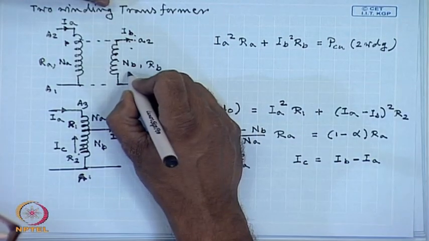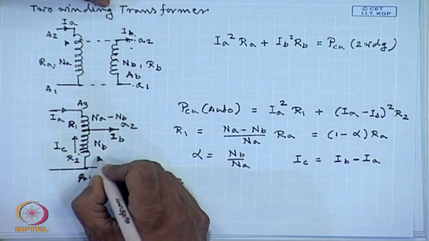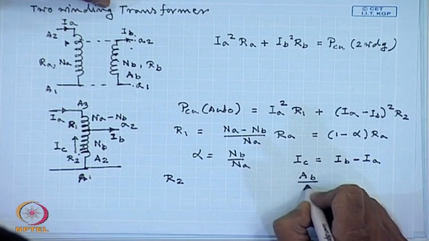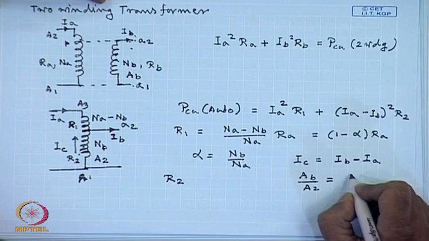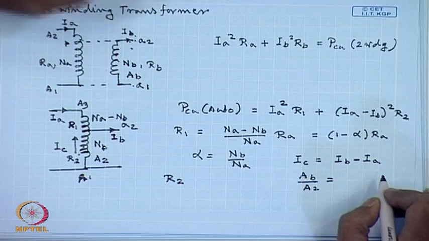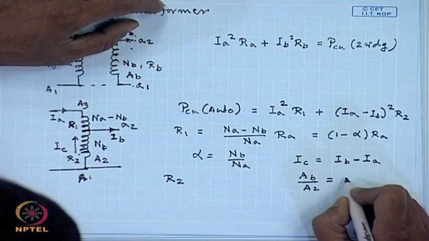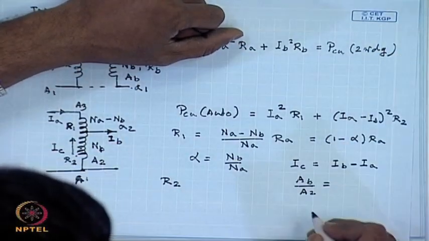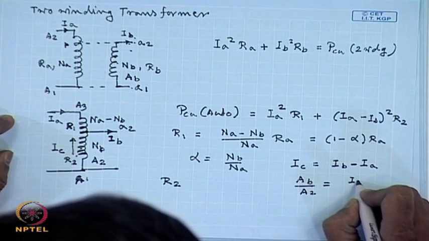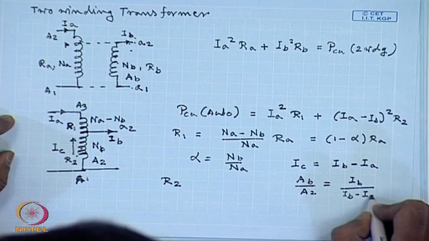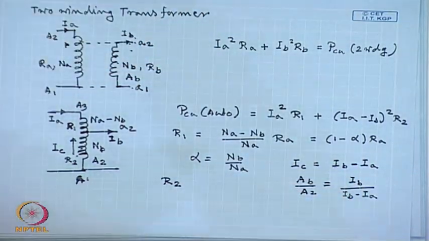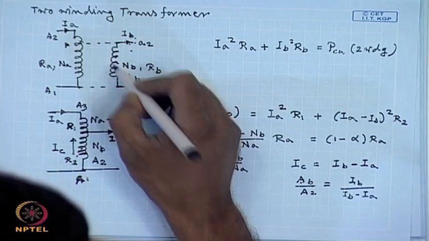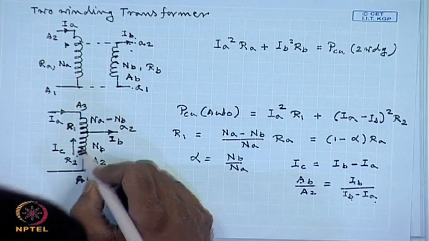Hence, if the conductor cross section here is A B and here is A 2, then A B by A 2 will be equal to I B divided by I B minus I A. That is, I B divided by A B, which is the current density of this winding, should be equal to I B minus I A divided by A 2, which is the current density in this part of the winding.